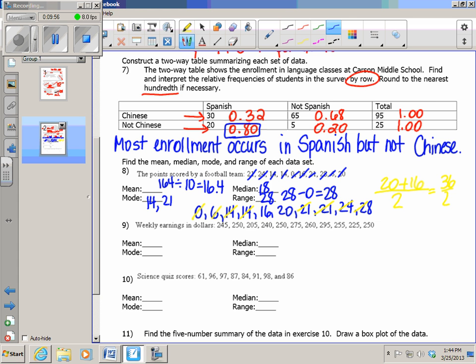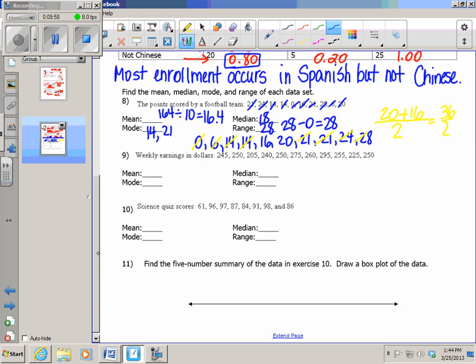I'm going to try the same thing for number 9 with weekly earnings in dollars. Smallest number that I have looks like 205. Then 225. After 225, I have a 240 and a 245.